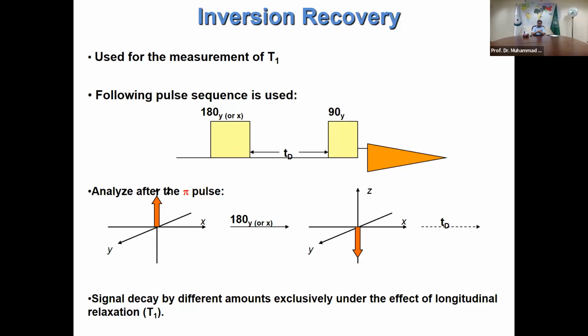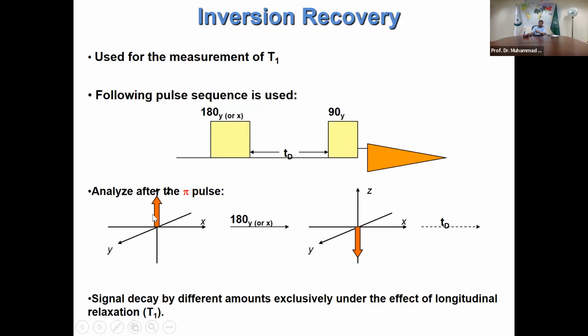Tia, what is the response? Minus Z. Okay. After some time, it has to relax back to plus Z through a relaxation mechanism, and this is the longitudinal relaxation or T1 relaxation. After that, you give a 90 Y pulse and then you record the experiment. This is the inversion recovery.